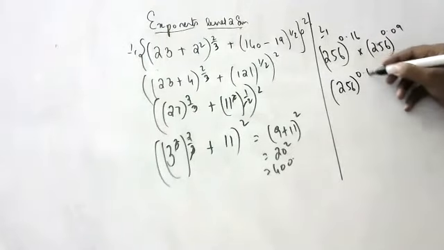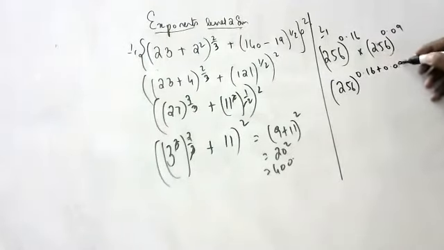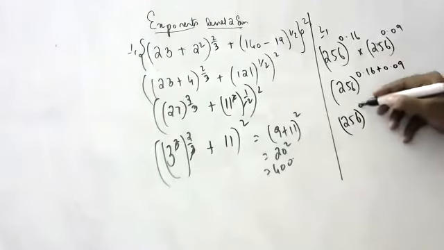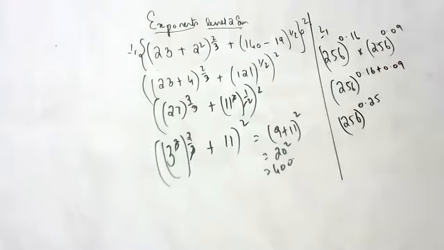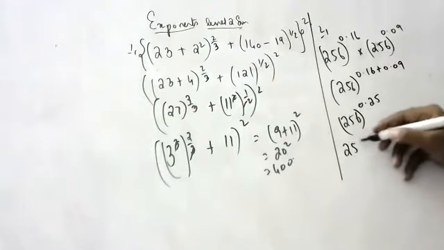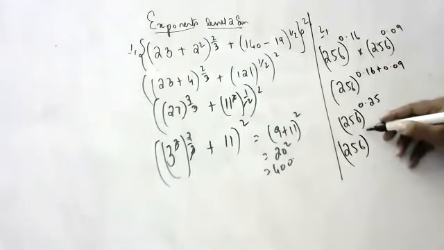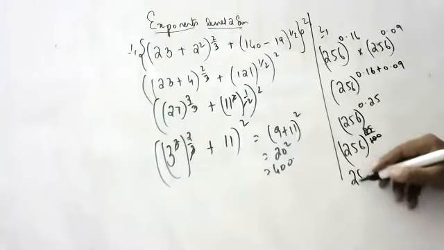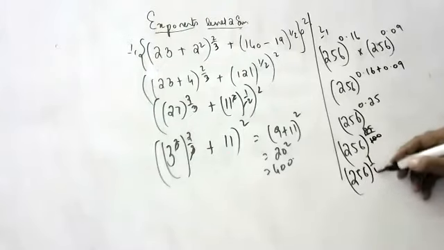Powers can be added. 0.16 plus 0.09 is 0.25, children. So 256 to the power of 0.25, what can we write, children? 25 by 100, that is 1 by 4. So 256 whole to the power of 1 by 4.